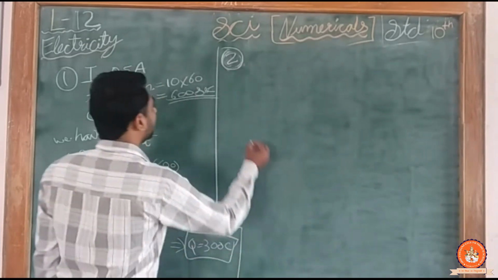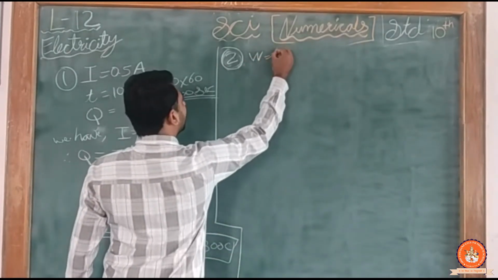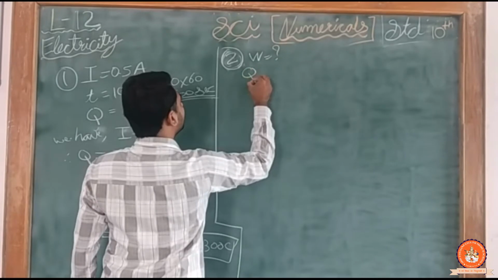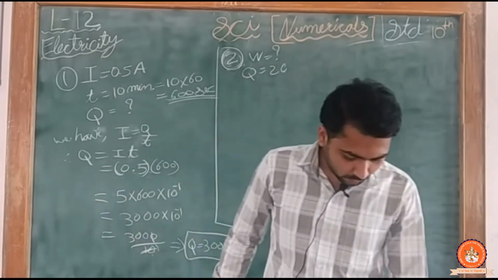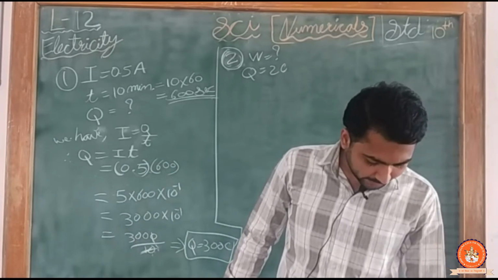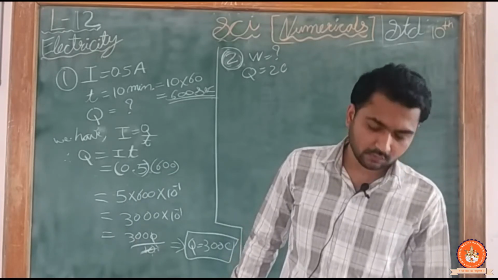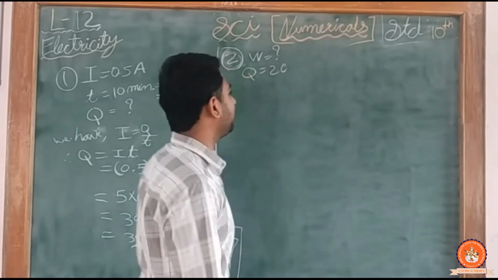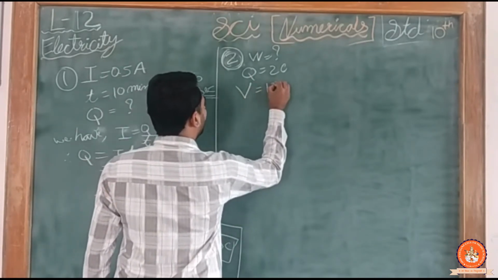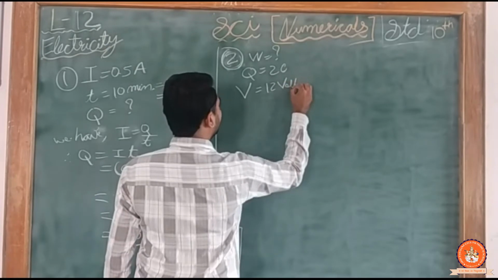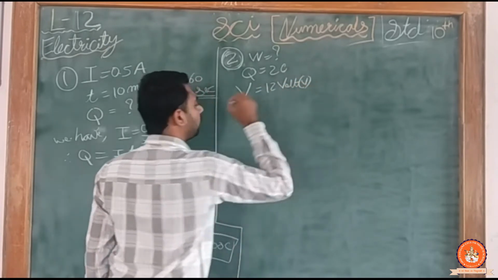So we have to find the work W. They give us charge is equal to 2 coulomb. Yes or no? Now, having a potential difference of 12 volt. So potential difference we will denote by V, and 12 volt, VOLT, or you can directly write V also.